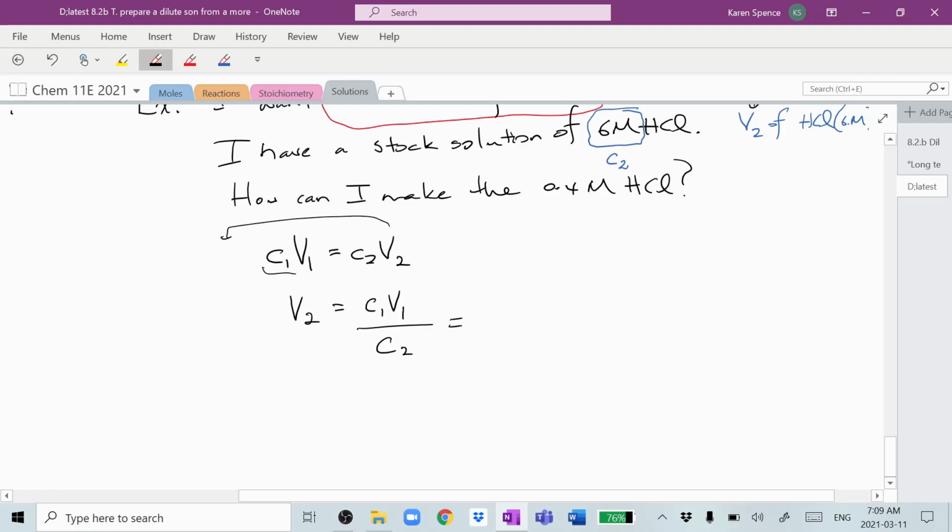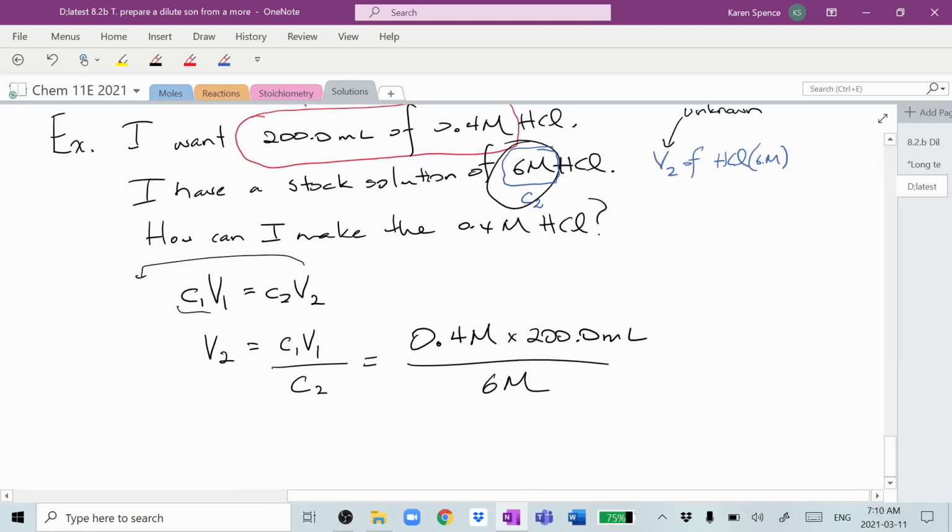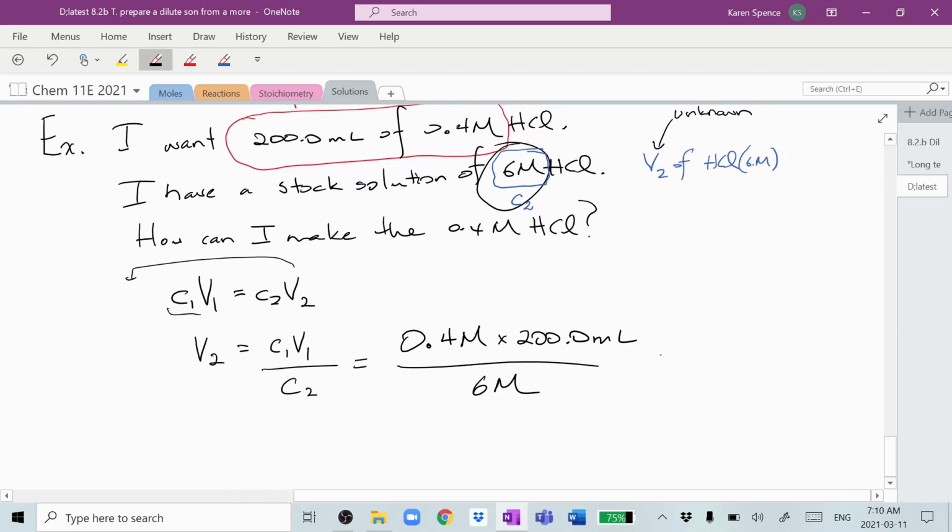So C1 is 0.4 molar. V1, 200 milliliters. C2, 6 molar. Okay, and we get molar cancels out.